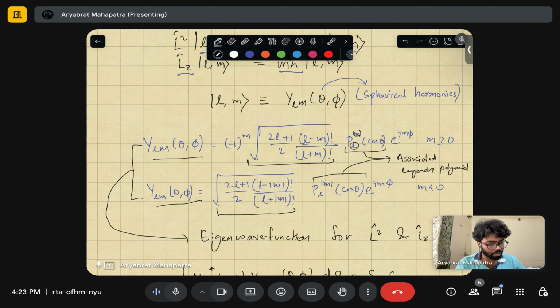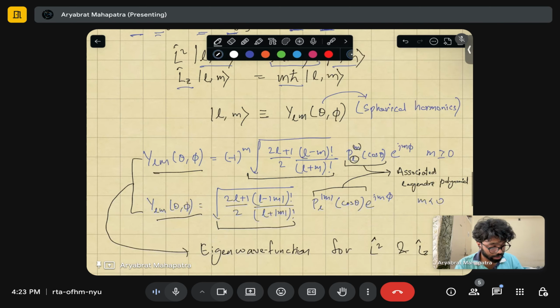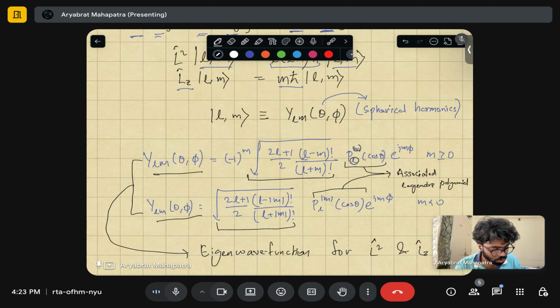Here, the eigenstates of angular momentum depend on two quantum numbers.